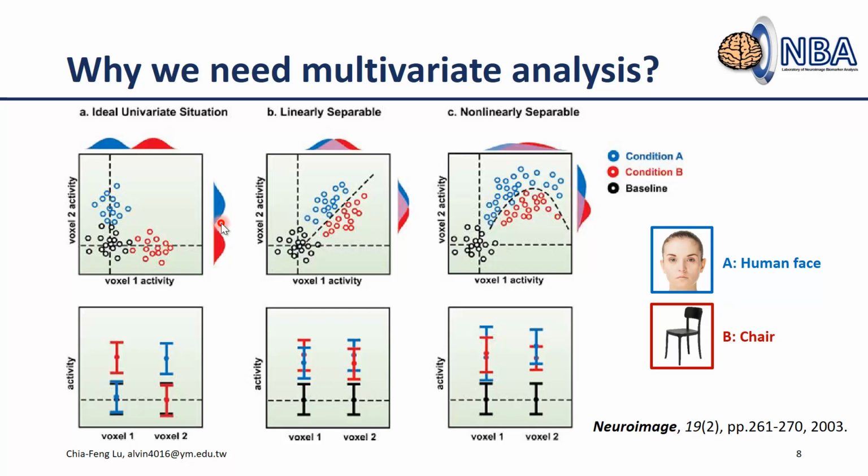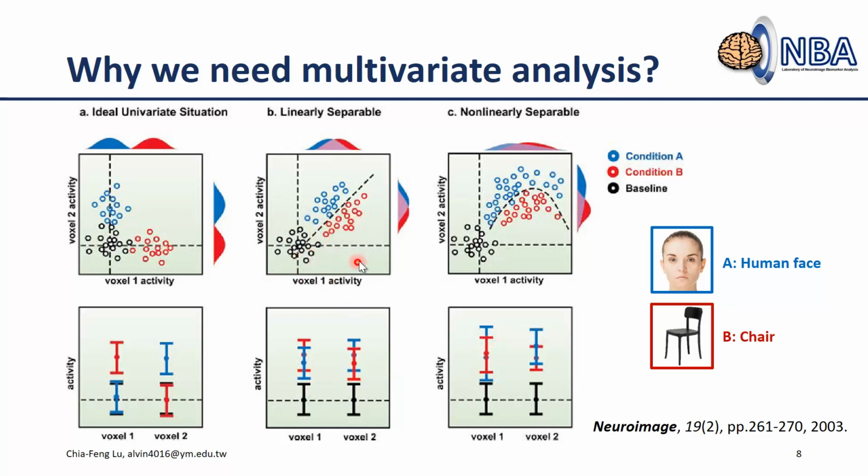However, in the real world, I've got to say it is very difficult to observe this kind of ideal univariate situation. Most situations are multivariate, which means you need to combine several different measurements to help you differentiate the things. Take this one as an example.